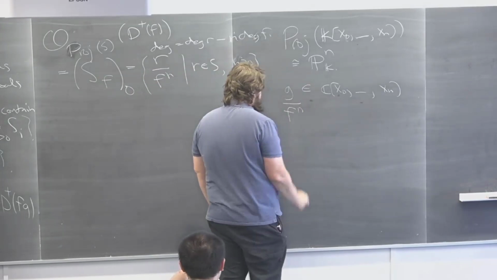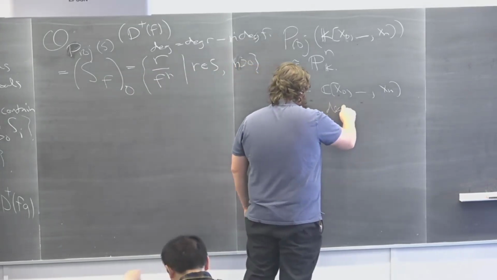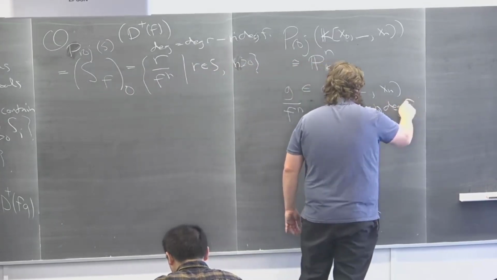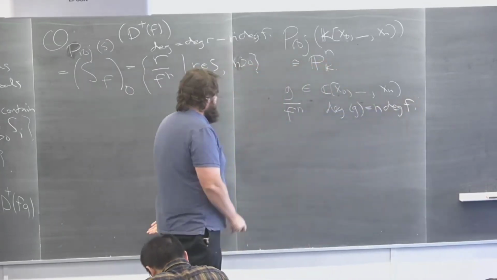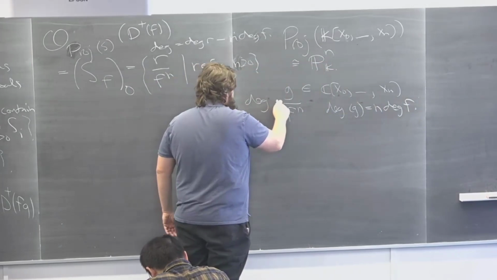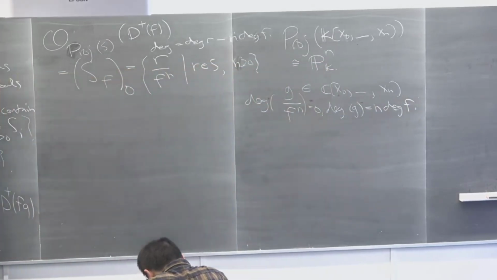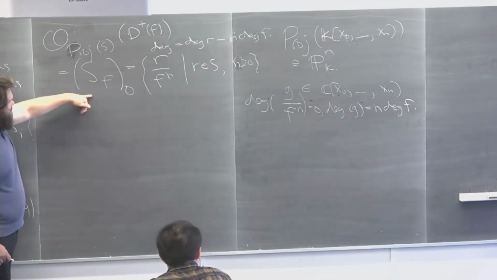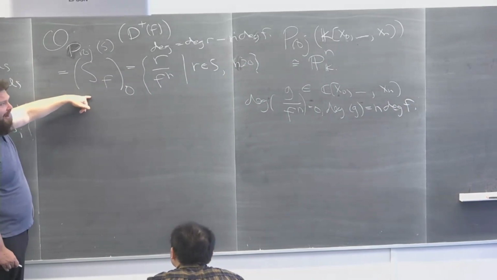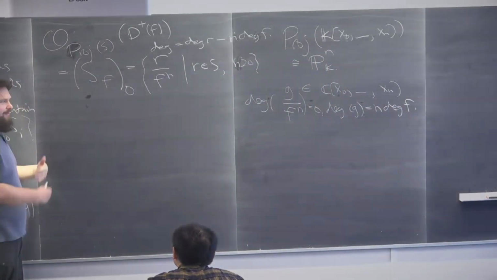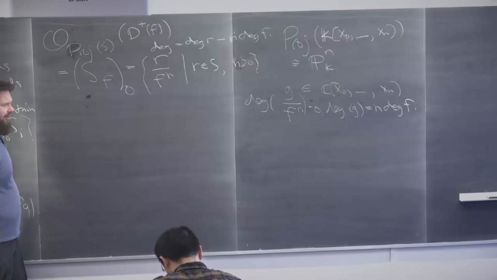So this exactly makes sense if the degree of G is equal to n times the degree of F, or the degree of this guy is 0. So this is a different problem of not being a function from the one we've talked about with affine schemes, where an integer isn't a function on the set of primes.